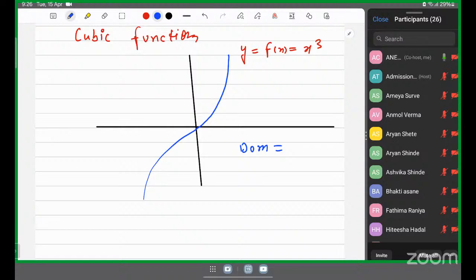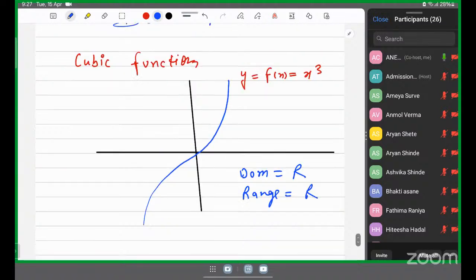It can take any input according to the graph, starting from minus infinity and going to plus infinity. Range is also the same. If I multiply this cubic function with a constant value like 3, 4, 5, does it change the domain and range?